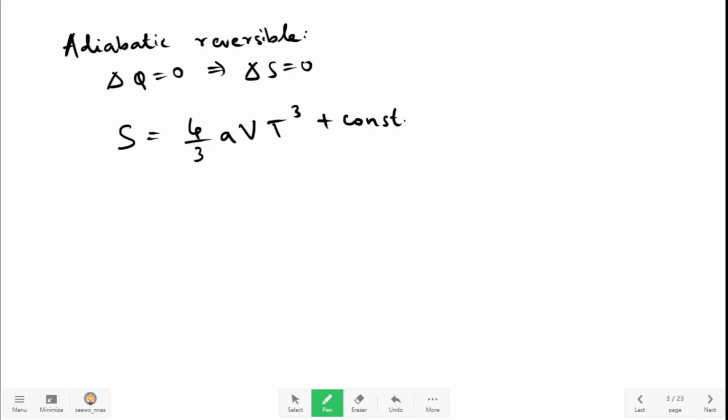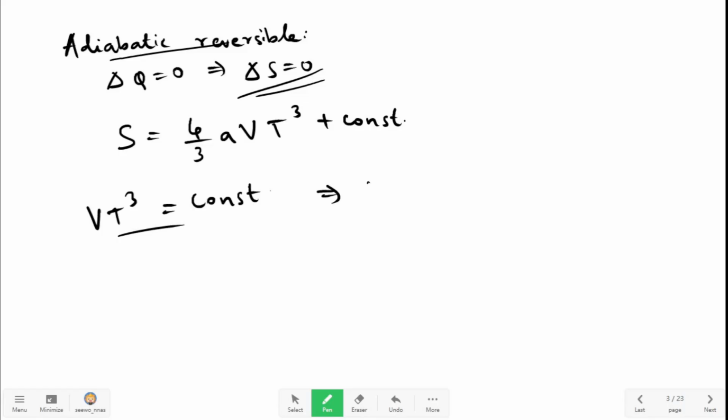I hope you remember this. Now if the entropy is not changing, if delta S is equal to 0, then this implies that V T cube must be constant. So for an adiabatic reversible process, V T cube is constant in the case of a photon gas or thermal radiation.